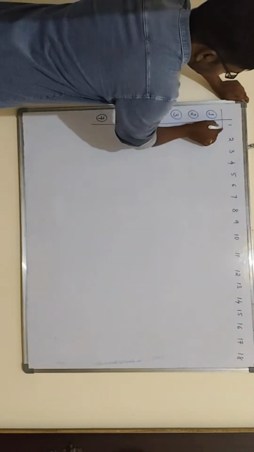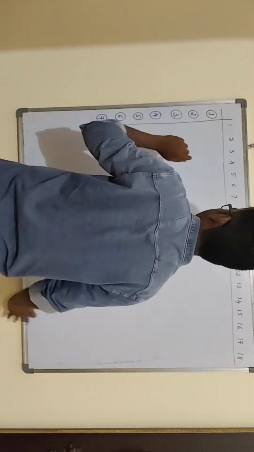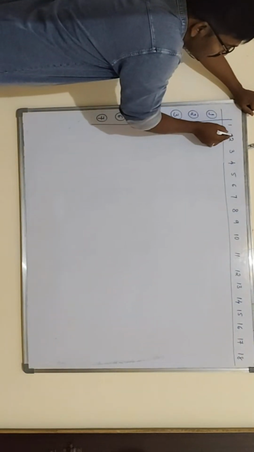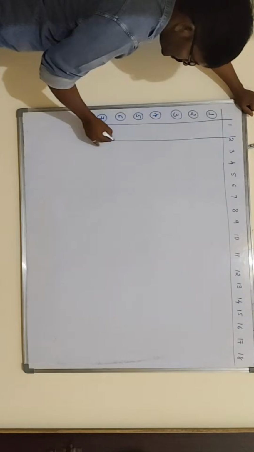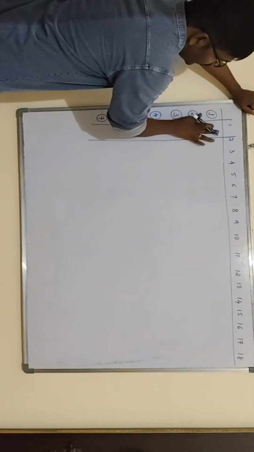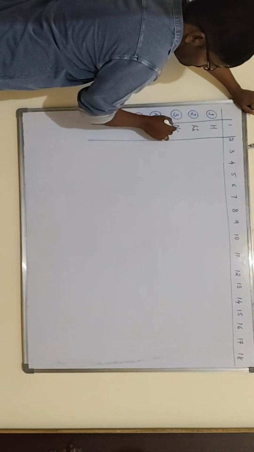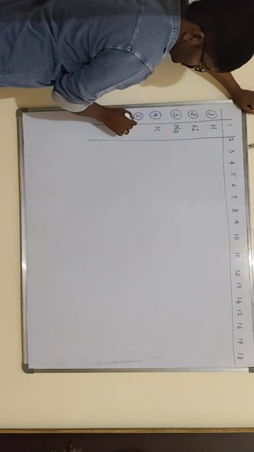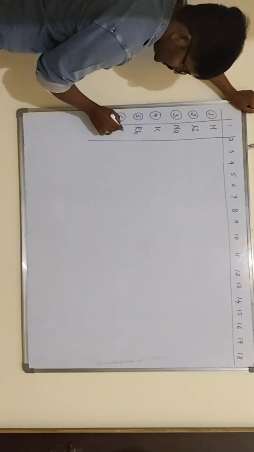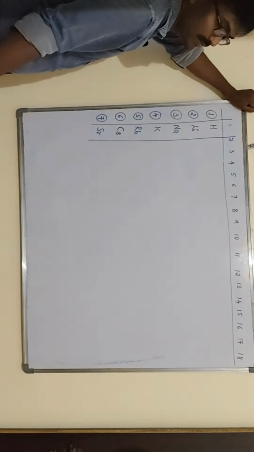So observe it carefully. 18 groups are present, then 7 periods are present. In the first group of elements, if you take hydrogen, then lithium, sodium, potassium, rubidium, cesium, it is arranged like this.